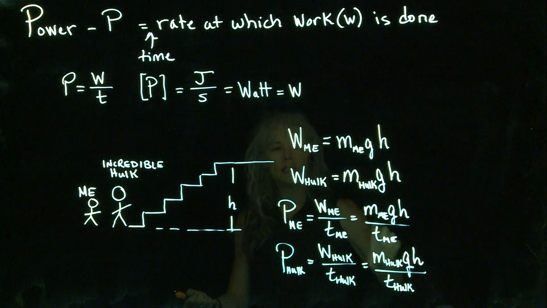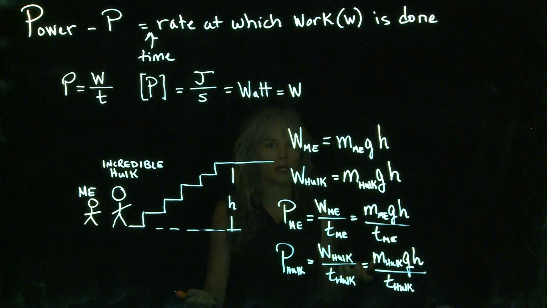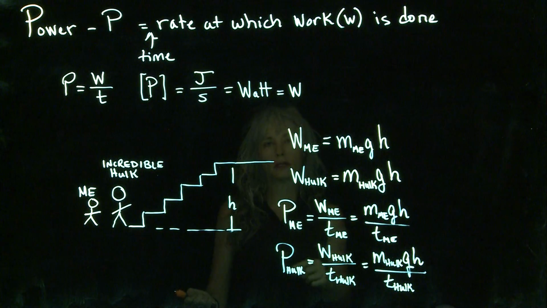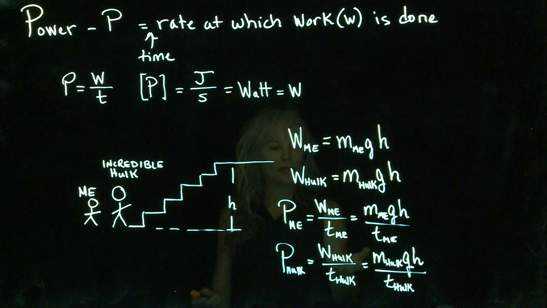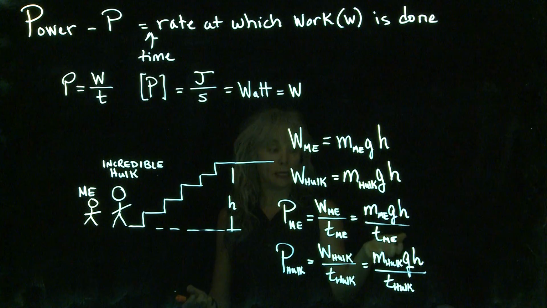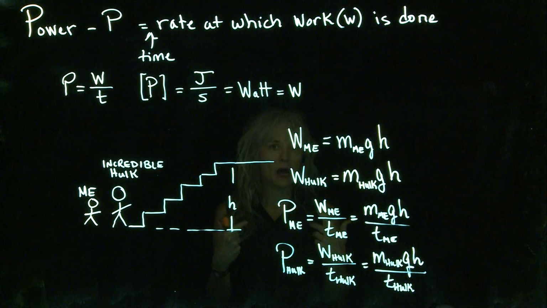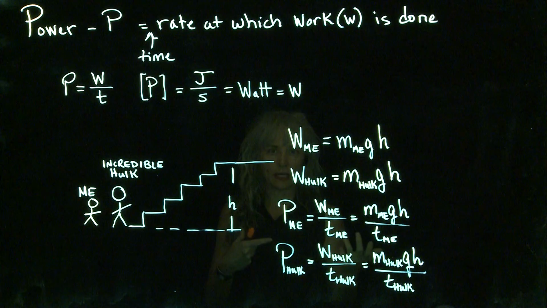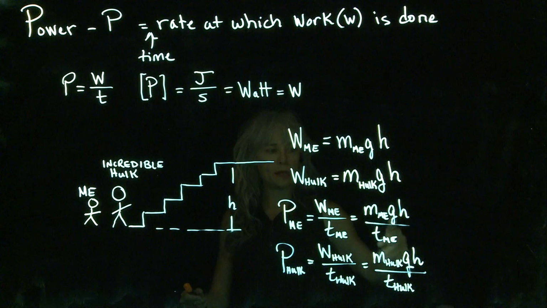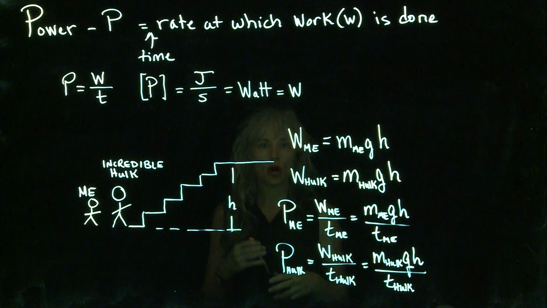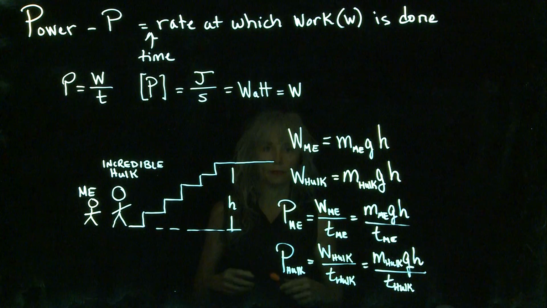So notice that if it takes us the same amount of time to get up the stairs, in other words, these two times are identical, then the Hulk is more powerful than I am in that he was able to do a larger amount of work in the same amount of time that I was able to do a smaller amount of work. If instead I am able to traverse the stairs faster, then it's going to be dependent on which of these times related to the masses are going to be larger.